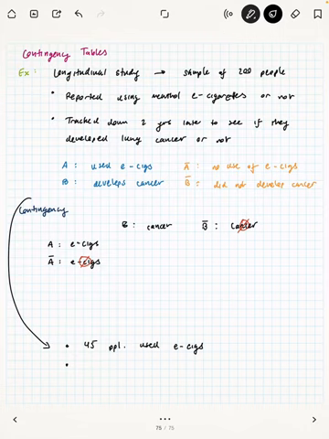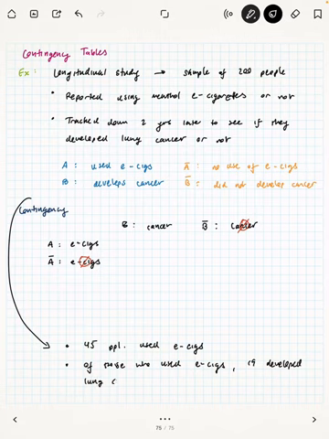Of those who used the e-cigs, 19 developed lung cancer. Of those who did not use e-cigs, so non-users, 4 developed lung cancer.